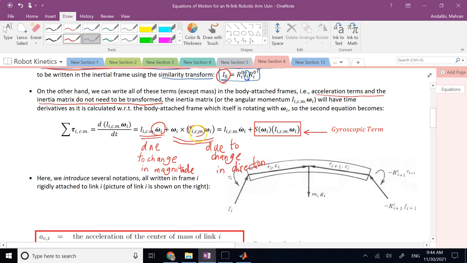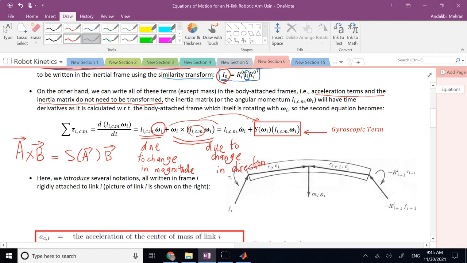And then, based on what we learned about the skew symmetric matrices, one way to calculate A cross B, if you remember from our introduction to skew symmetric matrices, A cross B can be written as a skew symmetric of A times B. And that's exactly what you can see here. This one is written like that.